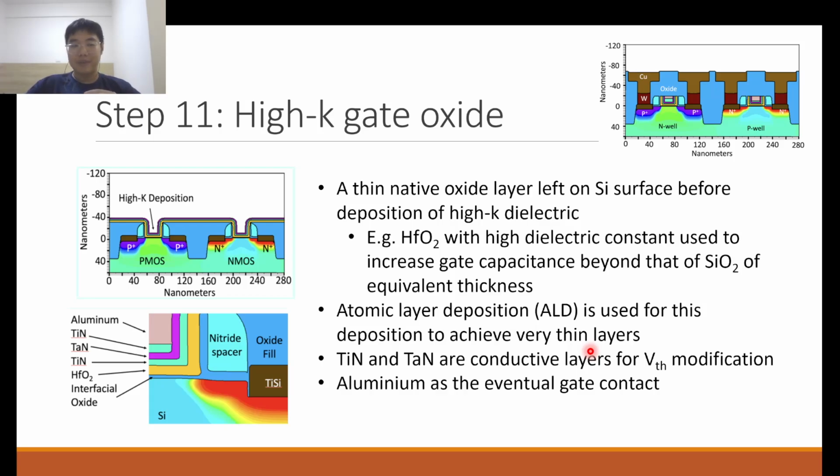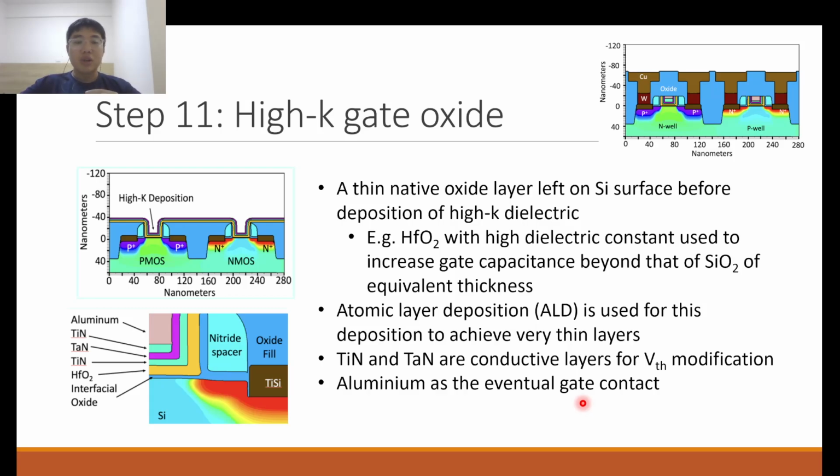Based on circuit design, you find that this threshold voltage is very good for the purpose that you want the chip to be used for. However, you want a way to modify the gate to achieve the threshold voltage. So one way is depositing layers of TiN and TaN of varying thickness, and it can achieve a kind of threshold voltage modulation. And so eventually aluminum is used as the final gate contact.